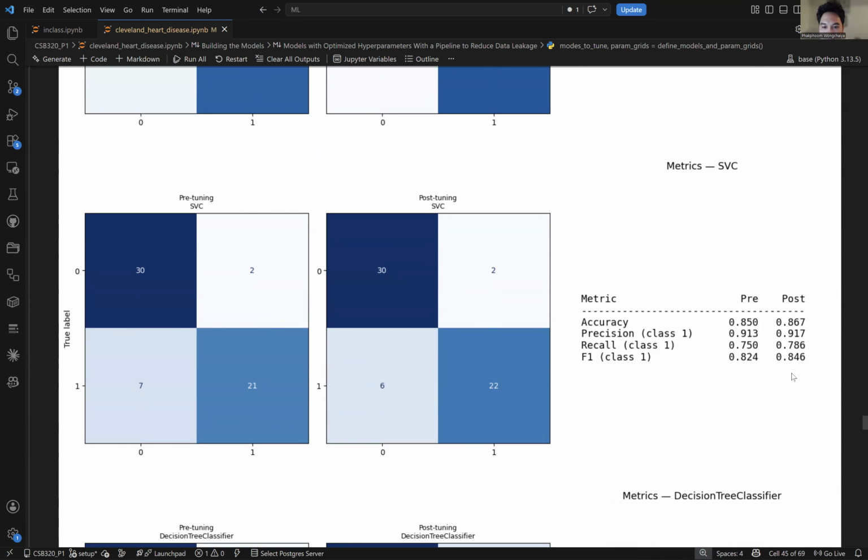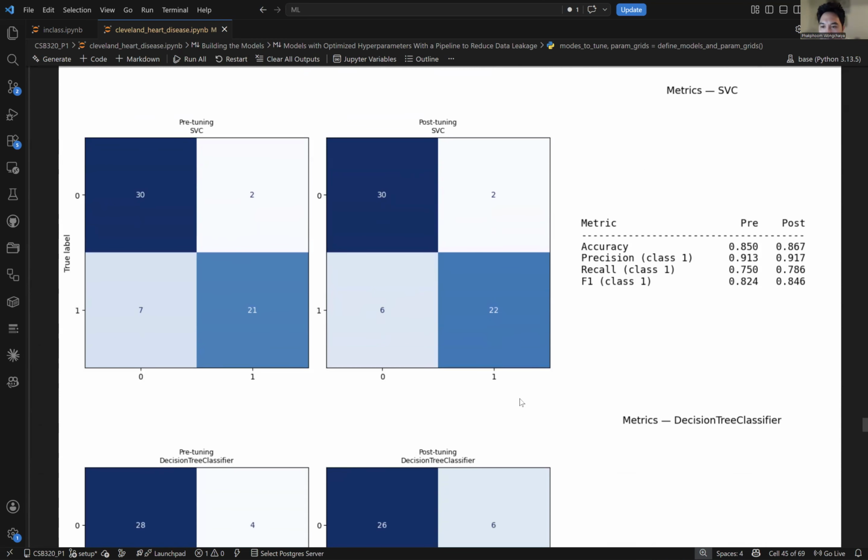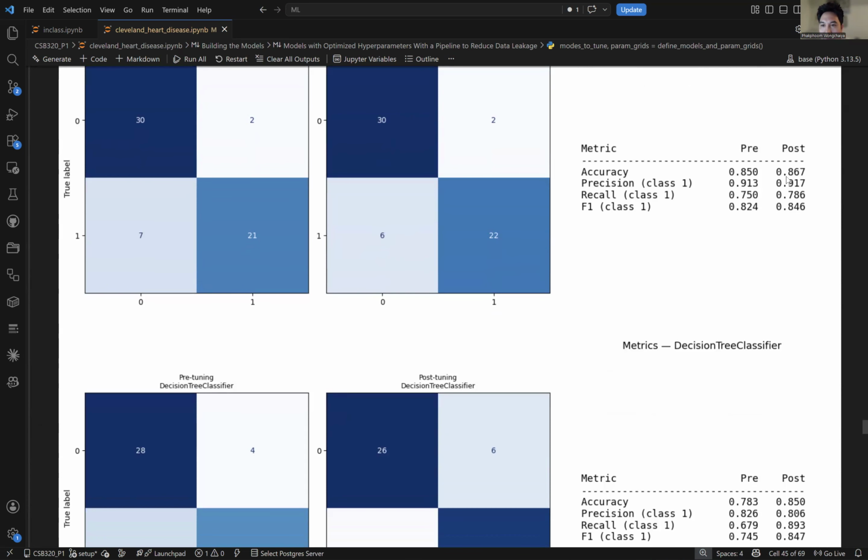So slightly better. Its precision's really good, which I'm really surprised with. 0.97, 0.93 again.